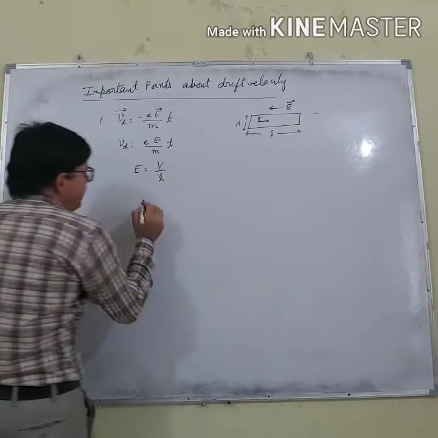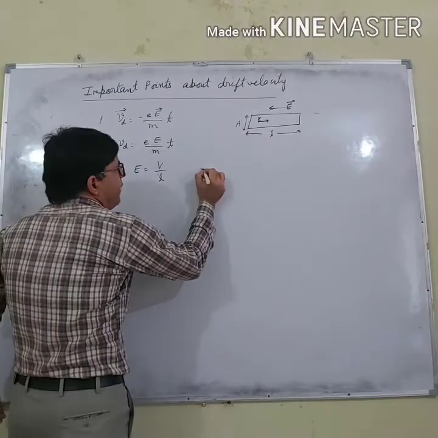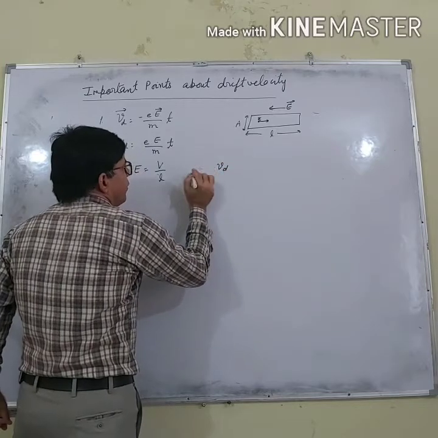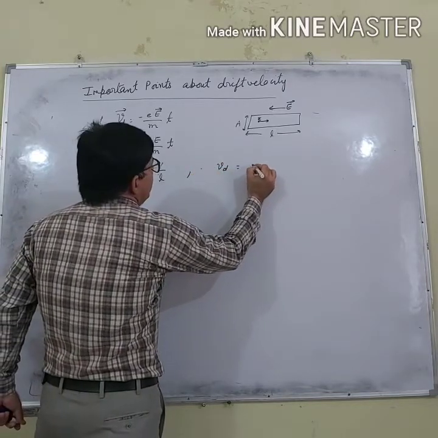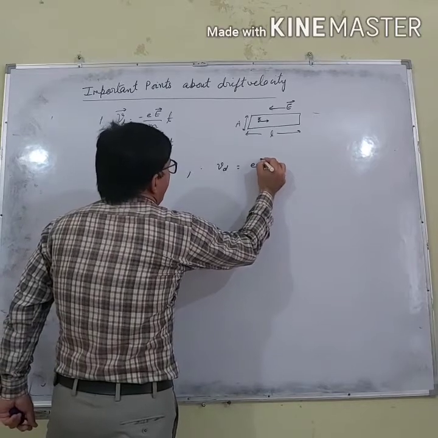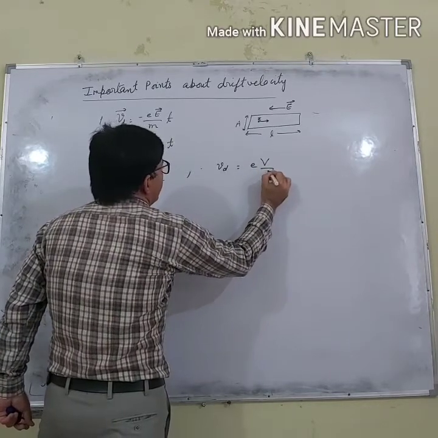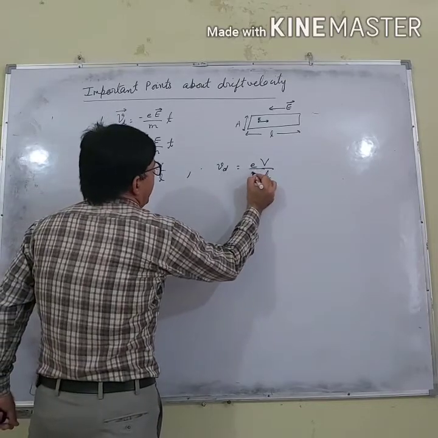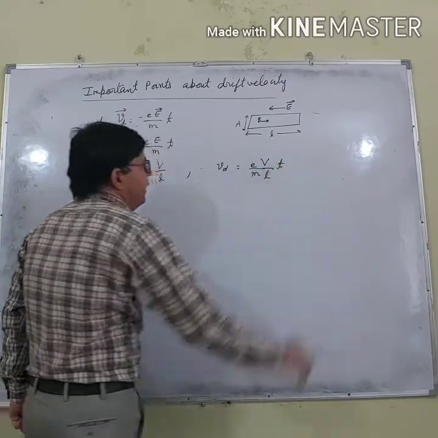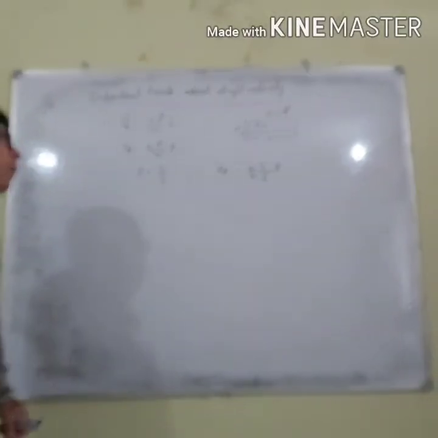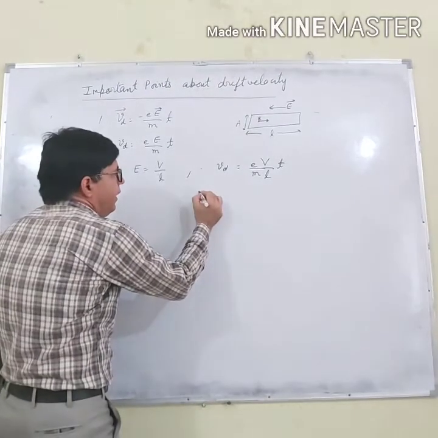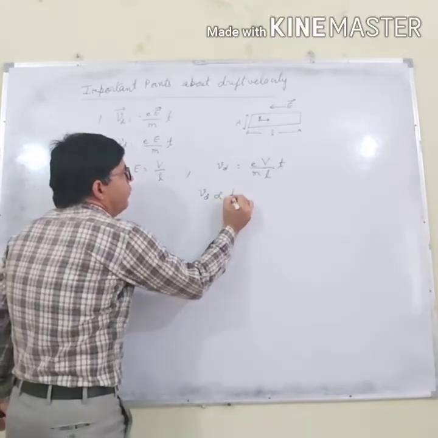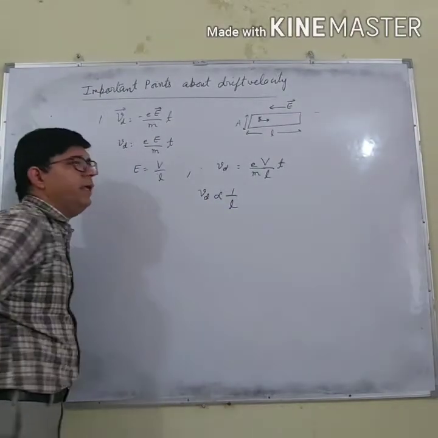So let me put it here. I will get Vd equals e, and in place of capital E, I will write V by L, times tau over m. What does it mean? It means that drift velocity is inversely proportional to length.